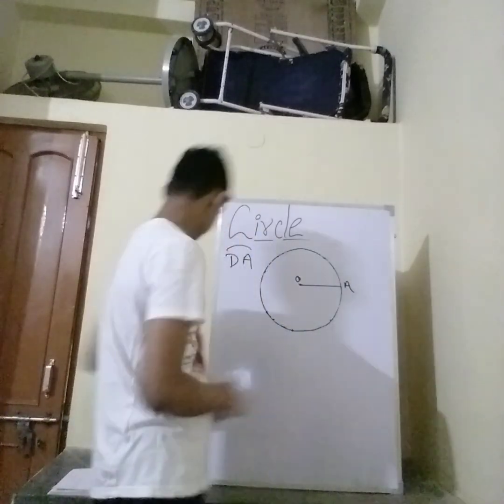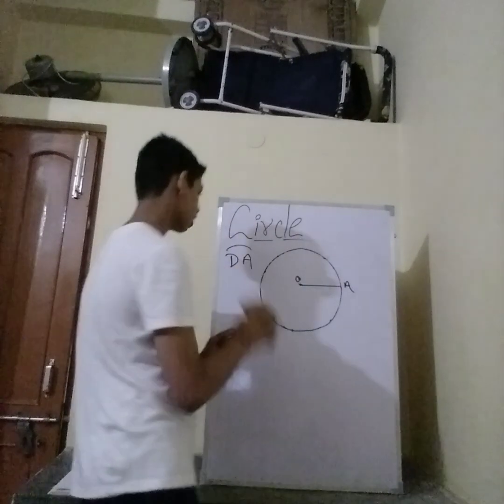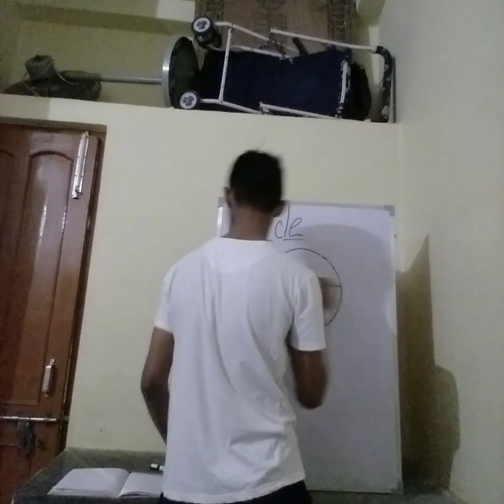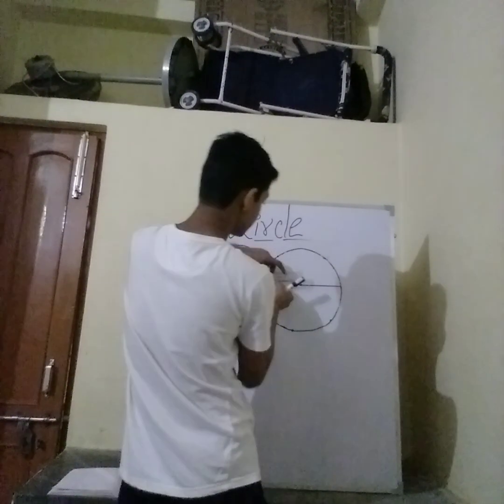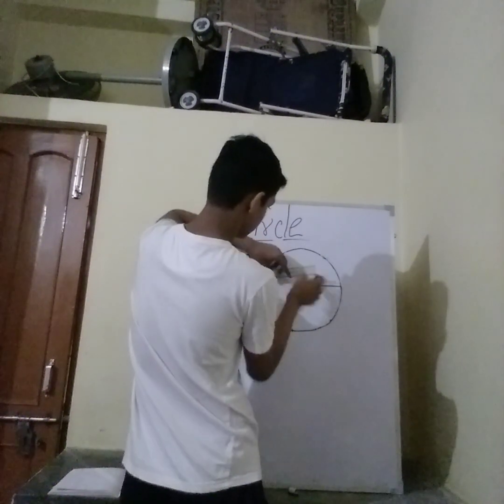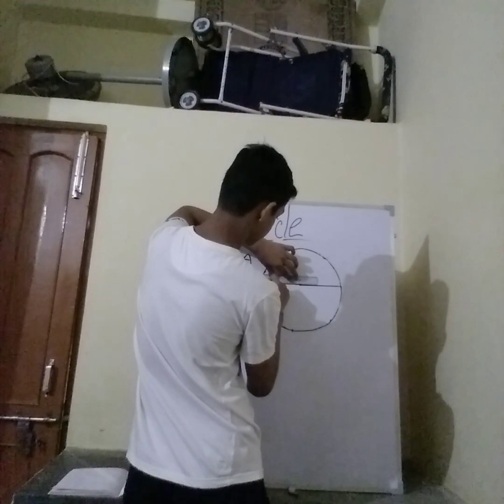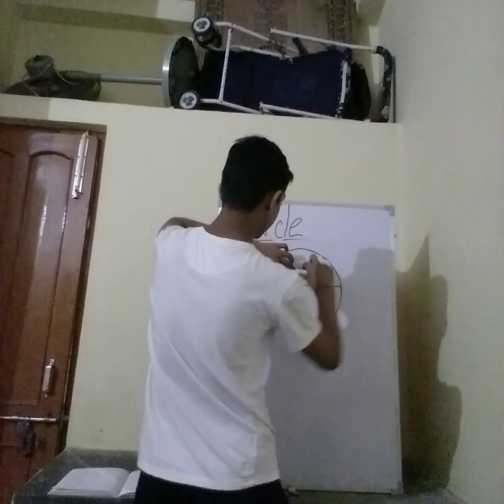Now we will discuss quadrant of a circle. What is a quadrant of a circle? A quadrant of a circle is a 1/4 part of the circle.